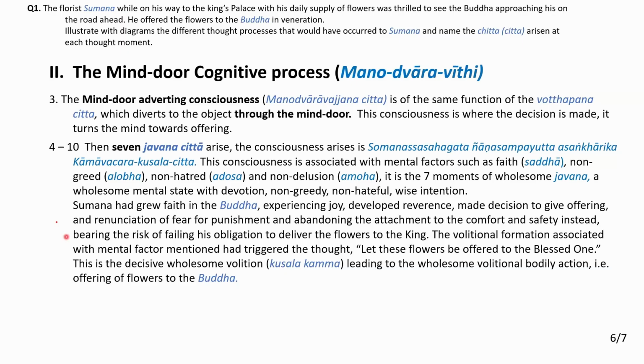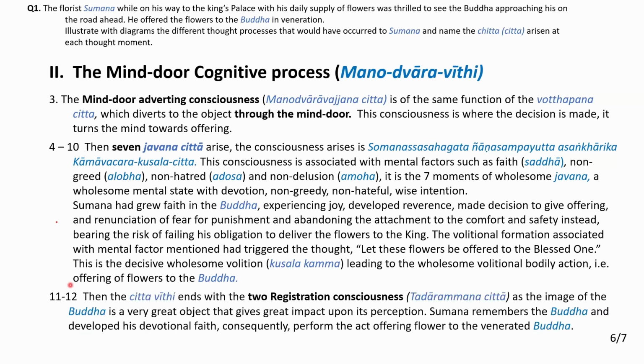The volitional formation associated with the mental factors mentioned had triggered the thought, let this flower be offered to the Blessed One. This is the decisive wholesome volition, kusala kamma, leading to the wholesome volitional bodily action, that is, offering the flowers to the Buddha.